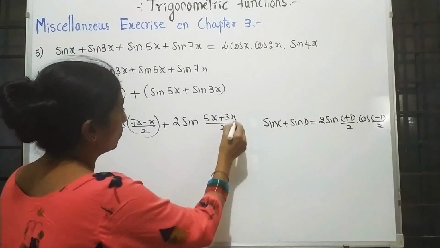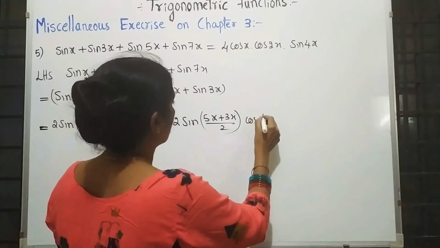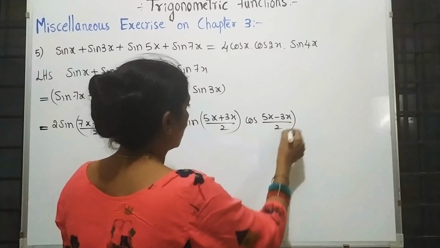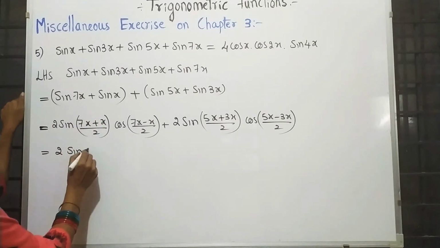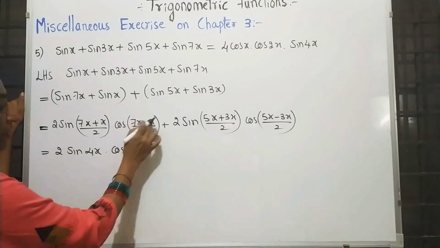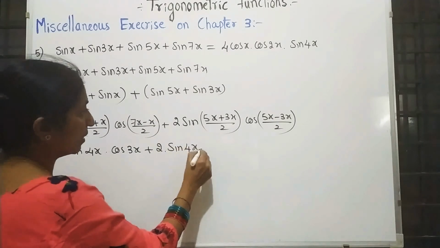So this is 2 sin 7x plus x by 2 into cos 7x minus x by 2 plus, here also we have the same thing, 2 sin 5x plus 3x by 2, and I think now you are familiar with the formula, into cos 5x minus 3x divided by 2. 2 into, simplify this, sin 7 plus 1 is 8, 8 divided by 2 is 4x, into cos 7 minus 1 is 6, 6 divided by 2 is 3x, plus 2, this is sin 4x into cos x.